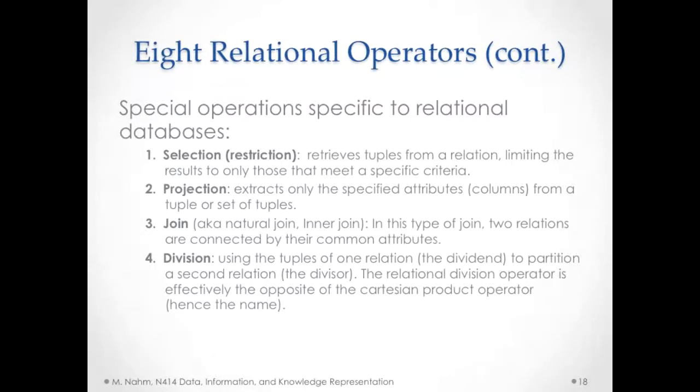Another type of relational operator is a selection or restriction, and we're going to be learning how to write select statements. It retrieves rows from a table, but only the rows you want.